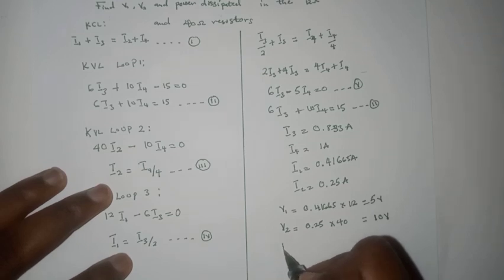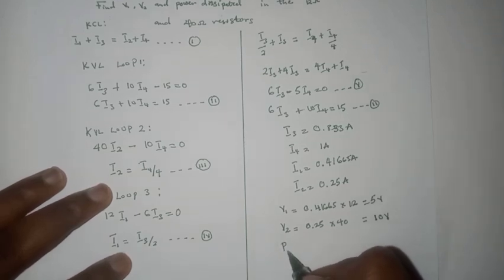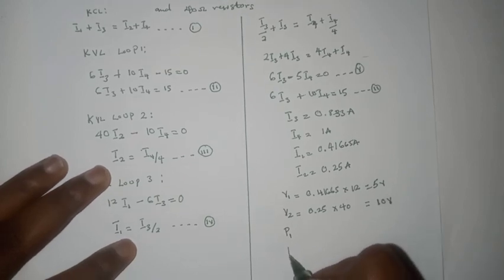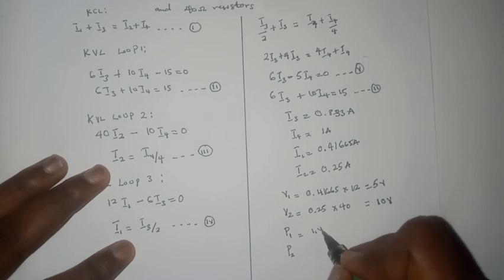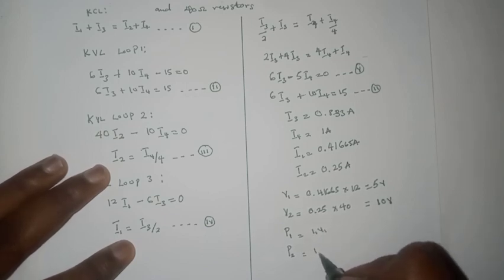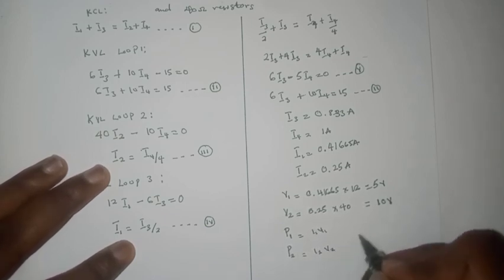As for the power dissipated in the resistors P1 and P2, that would be I1 V1 and I2 V2.